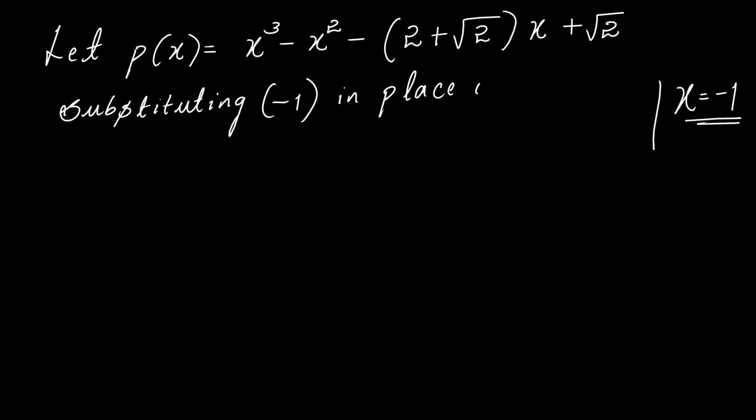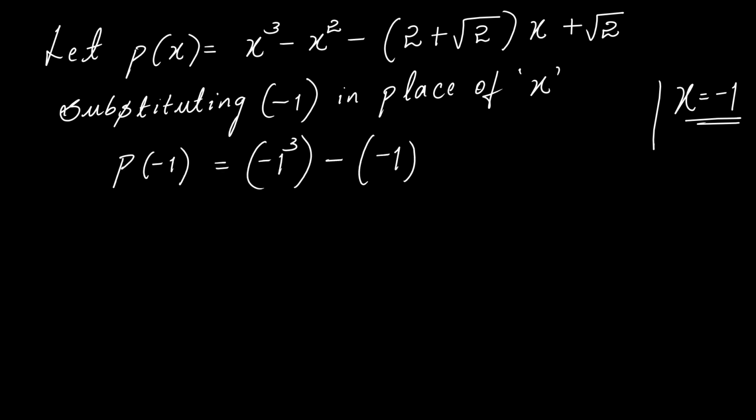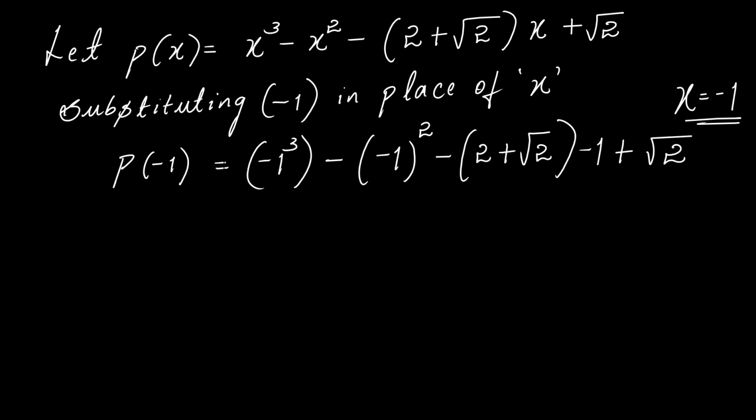Now, the expression turns out to p of minus 1 is equal to minus 1 cube minus 1 square minus open bracket 2 plus root of 2 close bracket multiplied by minus 1 plus root of 2. Now let's solve this. Here we have minus 1 to the power 3. So 3 is an odd number. So whenever we have odd number as power, you can directly write as minus 1.